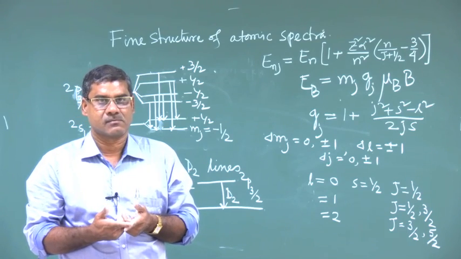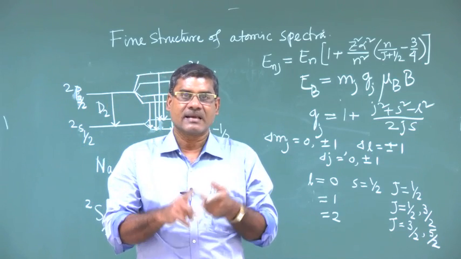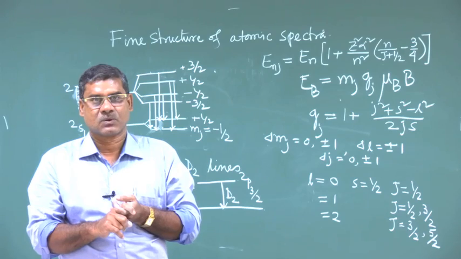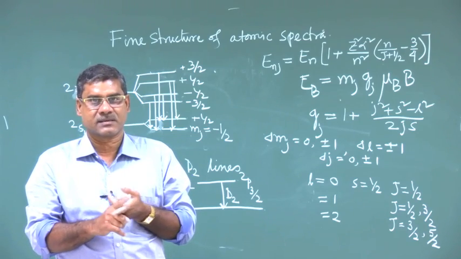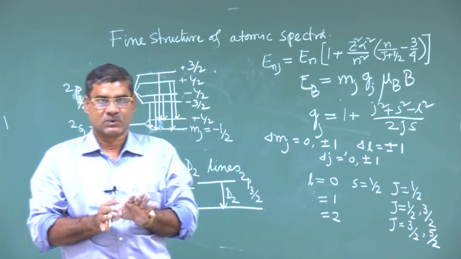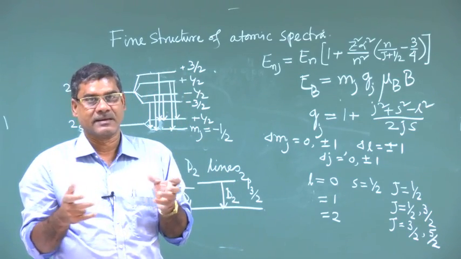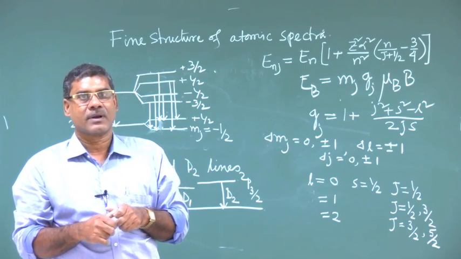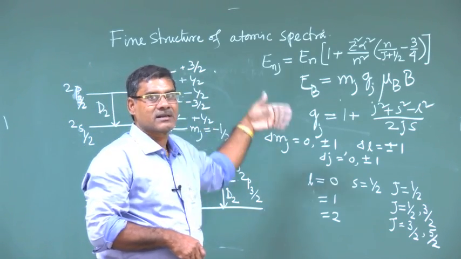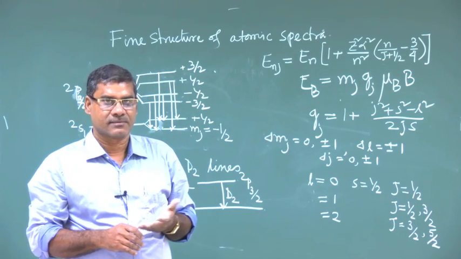Reason is that at high magnetic field, this LS coupling basically breaks. So, that coupling does not exist. So, there is no coupling, there is no J. Okay. So, individual S and individual L, they are independent. So, already we have seen that considering only L, one can explain the normal Zeeman effect, and S is there.